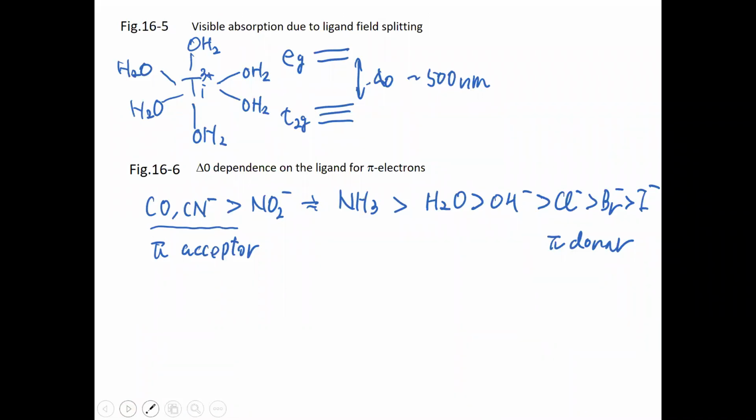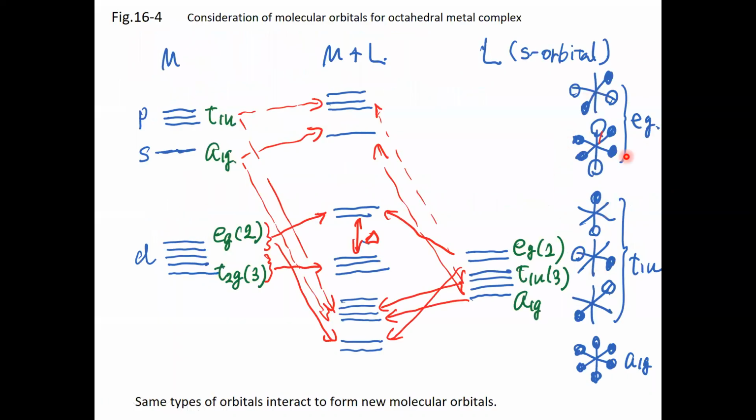Here's one example. Titanium with water makes a complex of titanium. In this case, this molecule has an energy shift of about 500 nanometers, which is green, so it absorbs green light. I'd also like to remind you that for this ligand field I only considered the s orbital, but of course there are many different types of atomic orbitals that could form the ligand field.